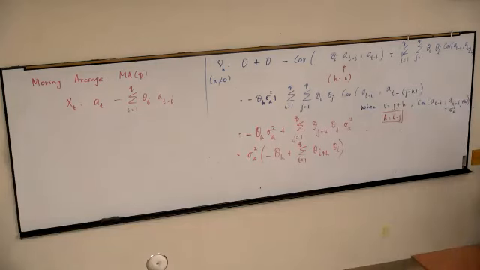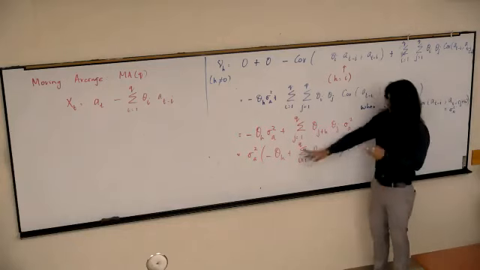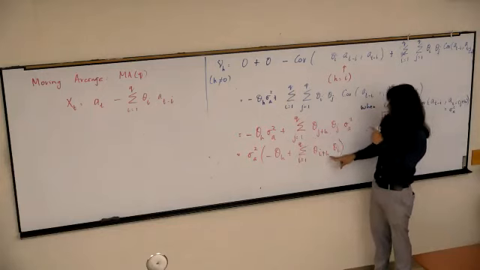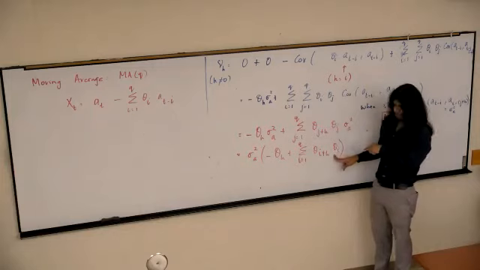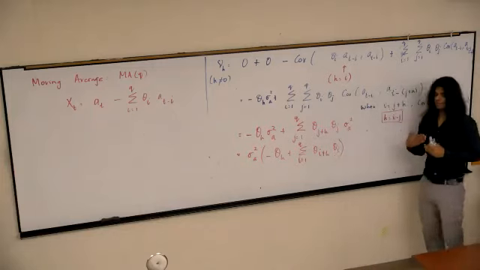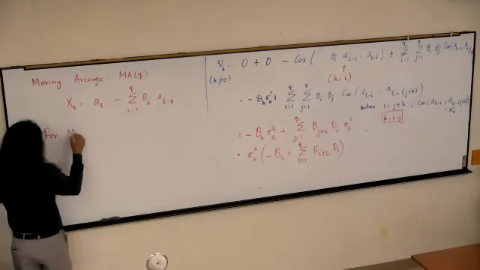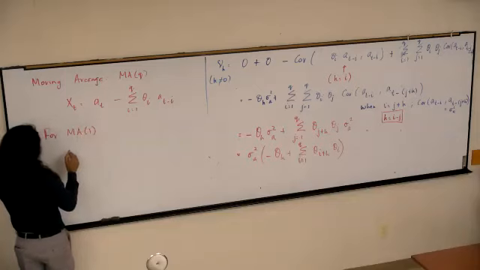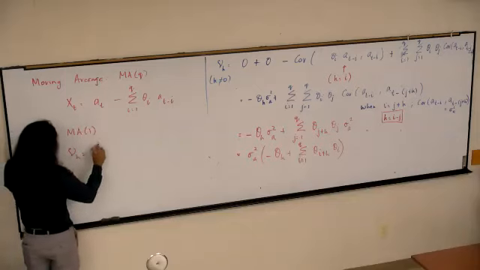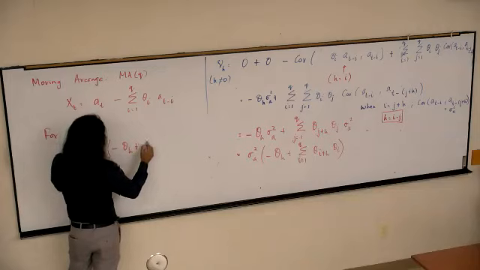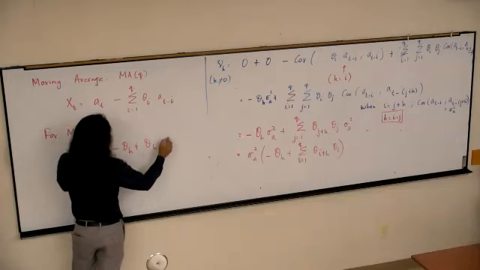For an MA1, q would be 1, and this expression would simply be h plus 1 times theta 1. If you plug in for MA1, gamma h would be sigma squared a times negative theta h plus theta h plus 1 times theta 1.